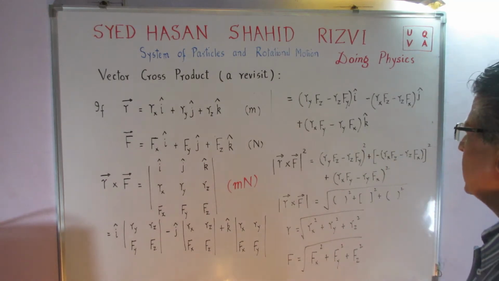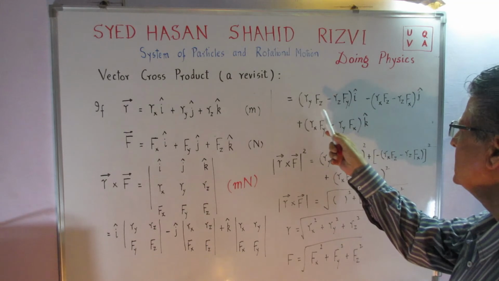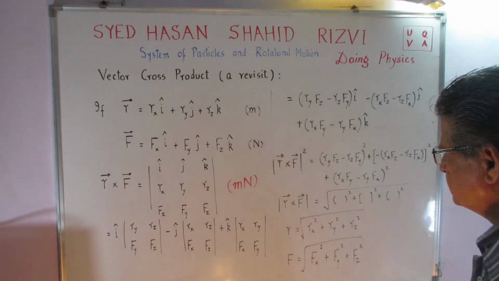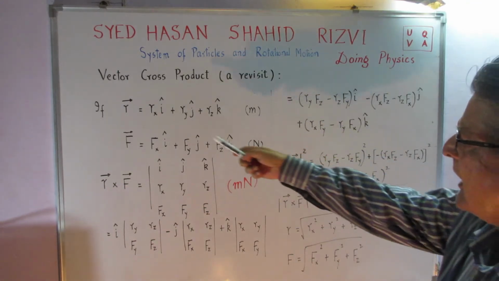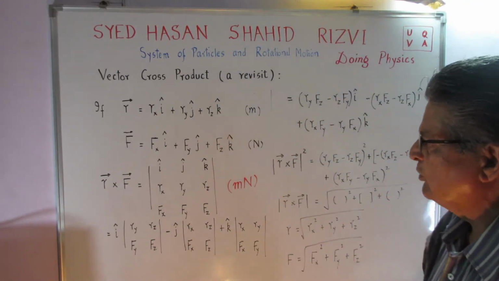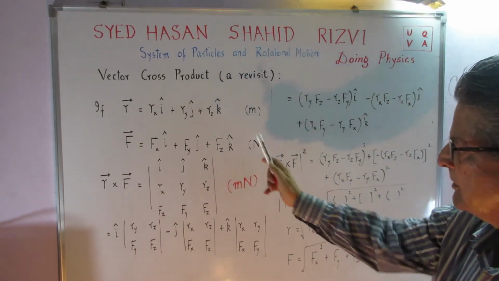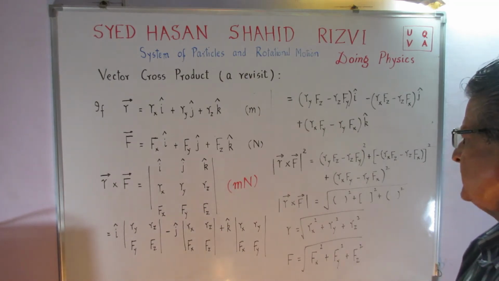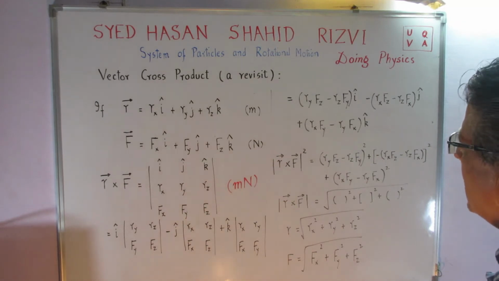So the I, J and K components are written like this. Right now they are Rx, Ry, Rz. They could be 1, 2, 3, minus 1, 2 and 5, like that. When the numbers are there, then it is easy for us to make the calculations and find out the value.